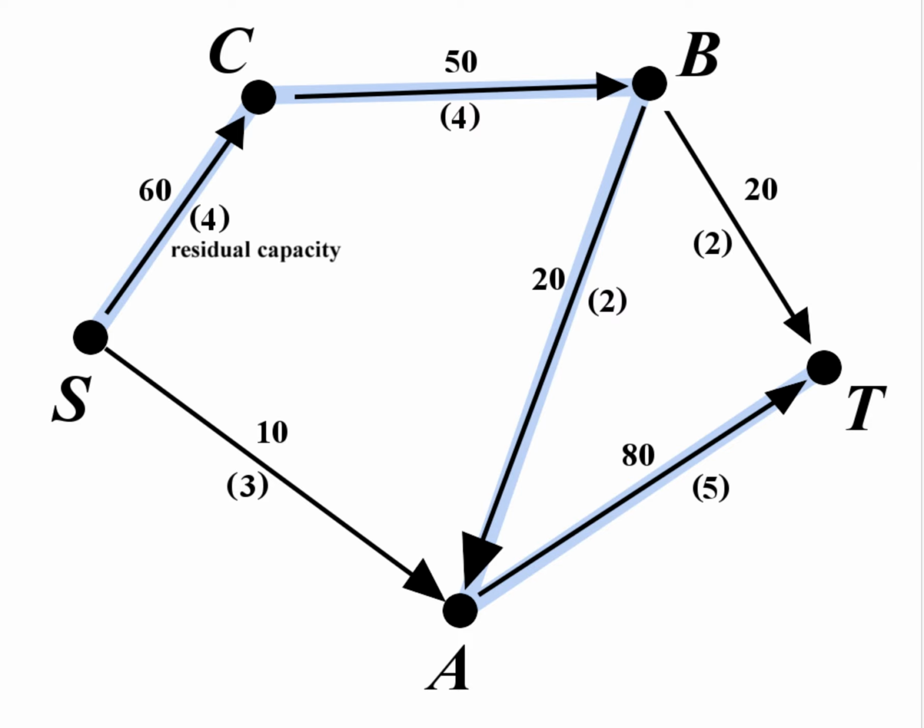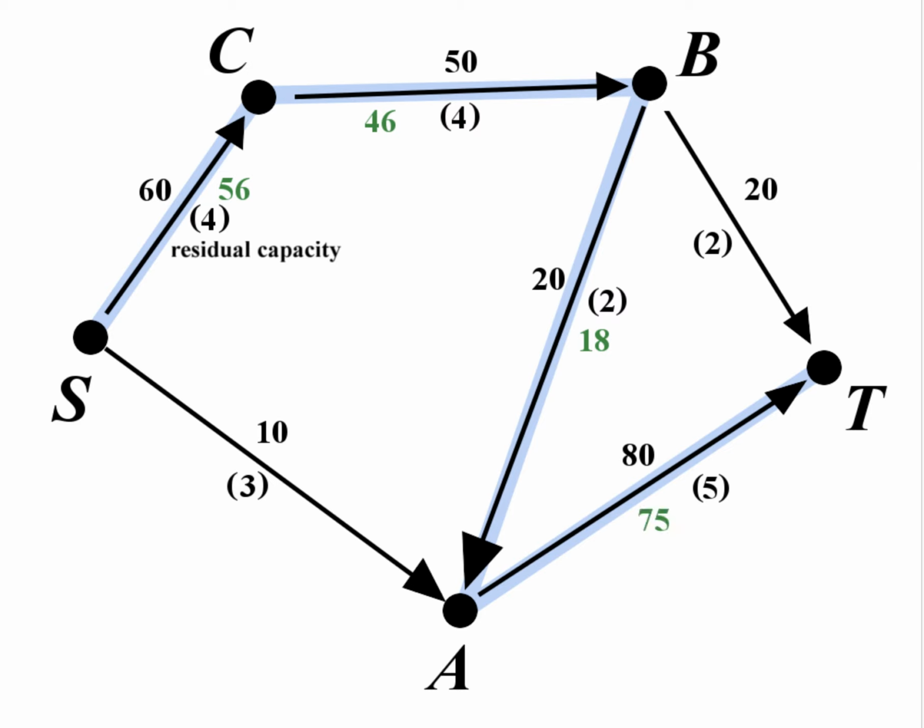That is, the edge can accept more snails. So the residual capacity of the edge from S to C is 56. Then from C to B, 46. From B to A is 18. And from A to T is 75.